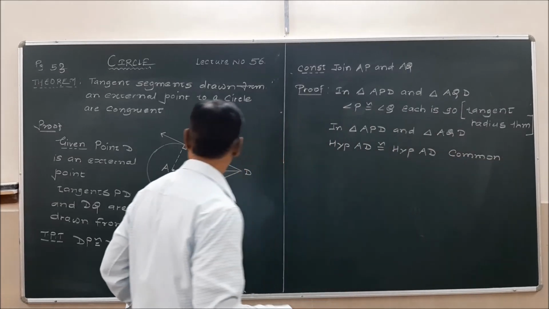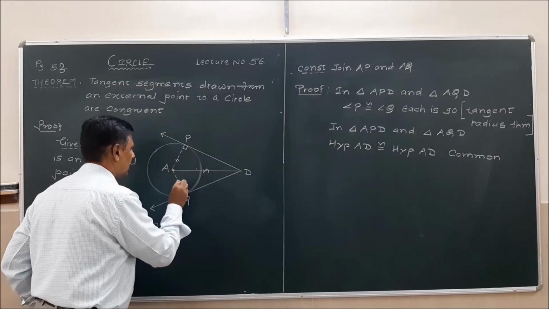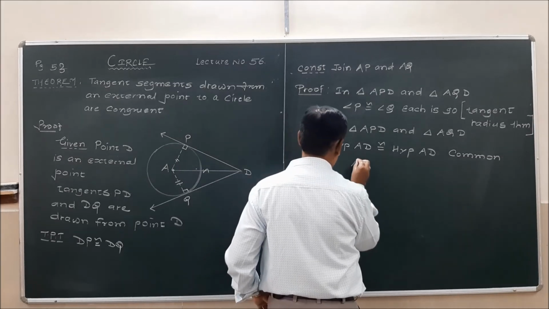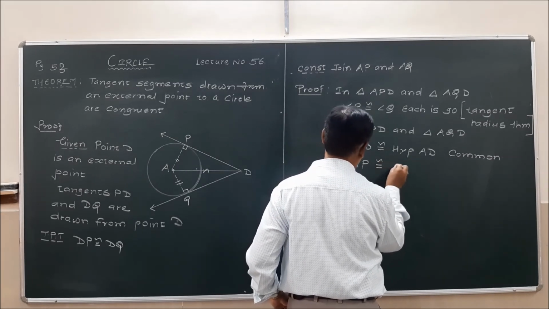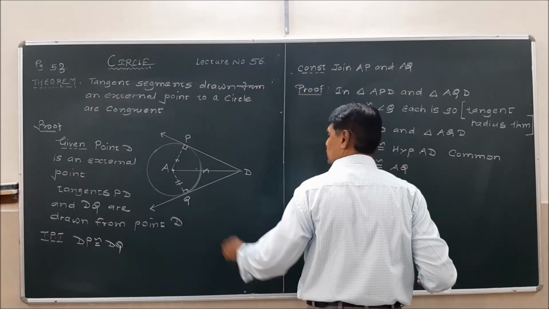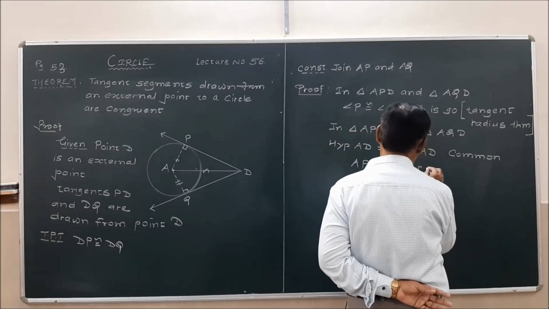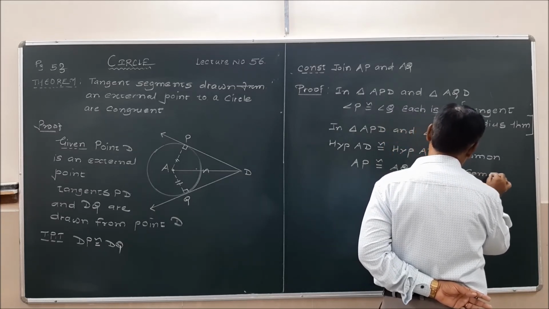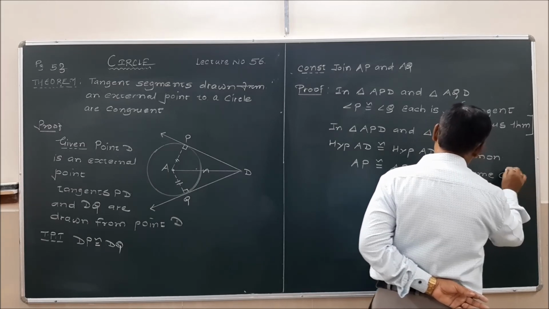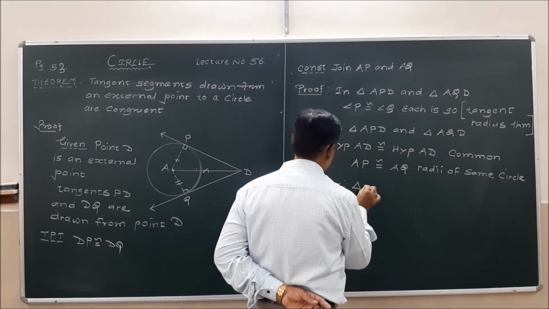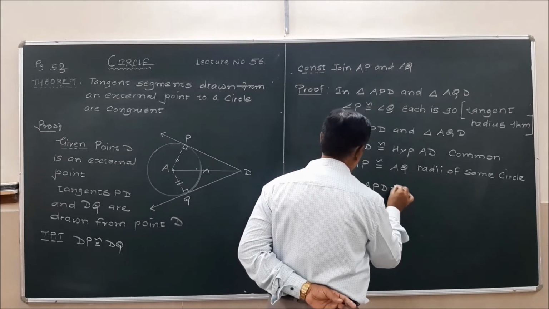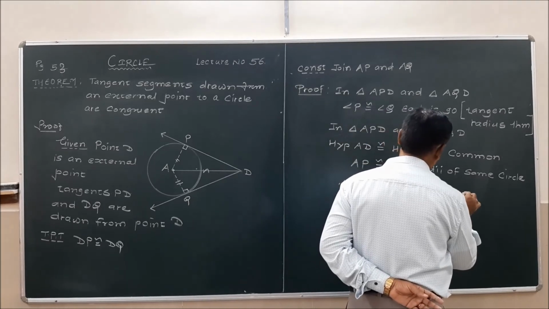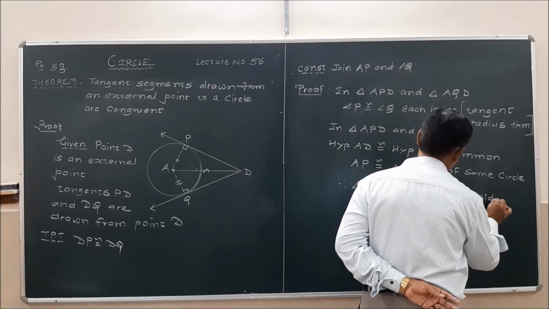Next to that, AP and AQ. AP is congruent with AQ, radii of the same circle. Therefore, triangle APD is congruent to triangle AQD by the hypotenuse side theorem.